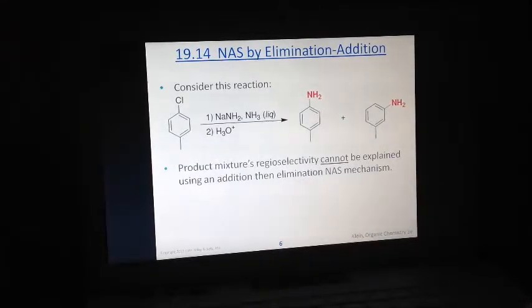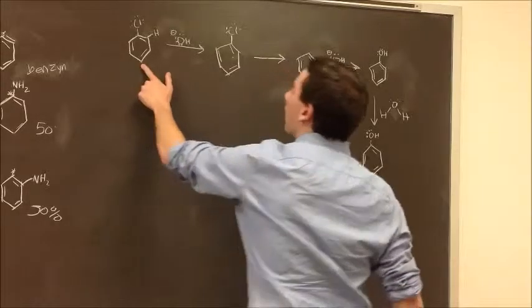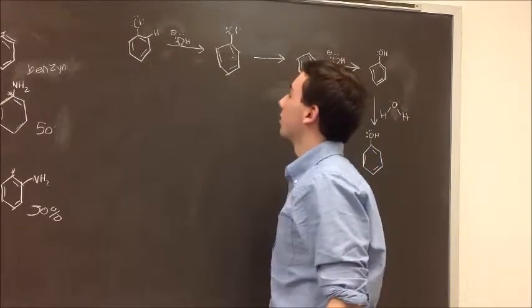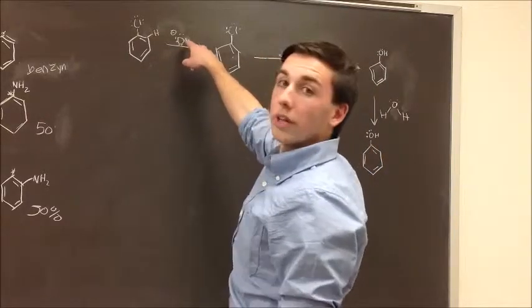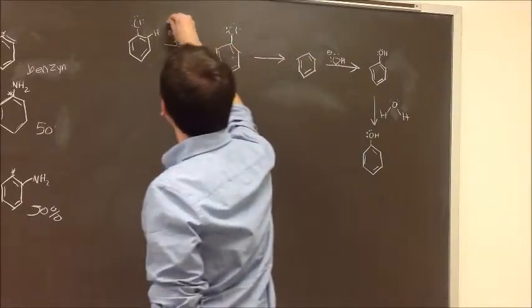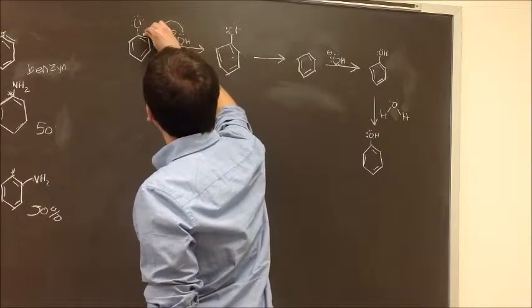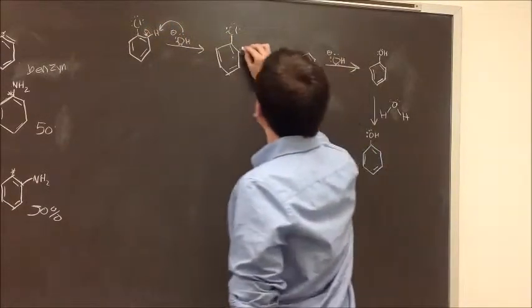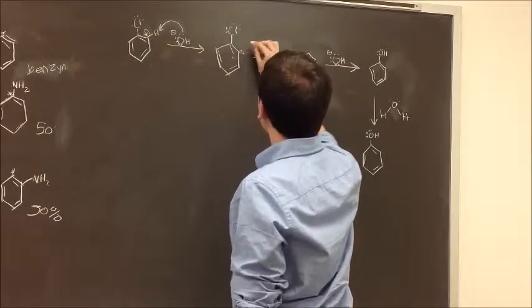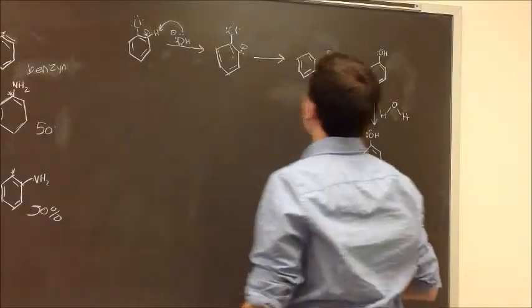For this reaction, the product mixture regioselectivity cannot be explained using an addition then elimination nucleophilic aromatic substitution mechanism. I will now show the mechanism for this slide and the previous slide. The chlorobenzene is the starting material, and you use OH as the base. So this will attack the alpha hydrogen, and that bond will move down, so there'll be excess electrons on this carbon right here.